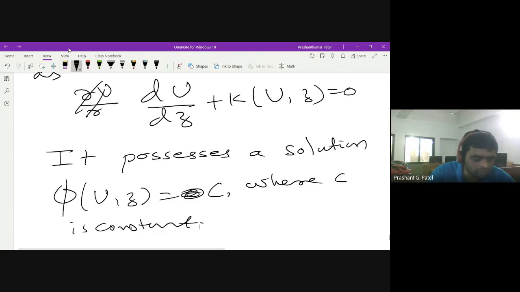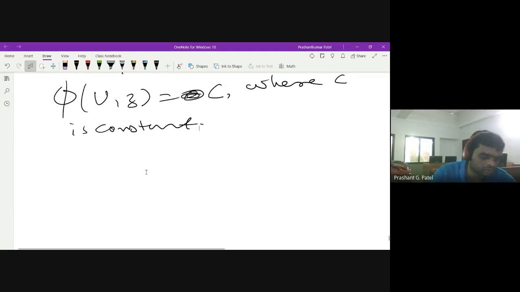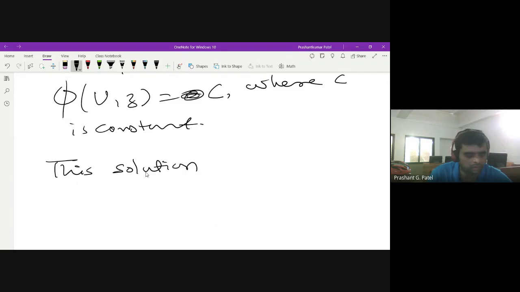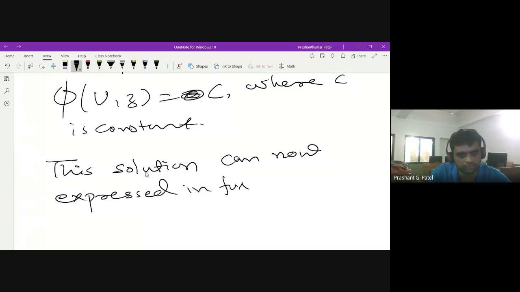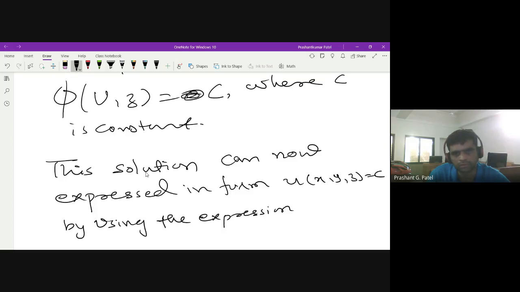Now by using the expression of capital U in terms of x, y, and z, this solution can now be expressed in the form u of xyz equal to c.